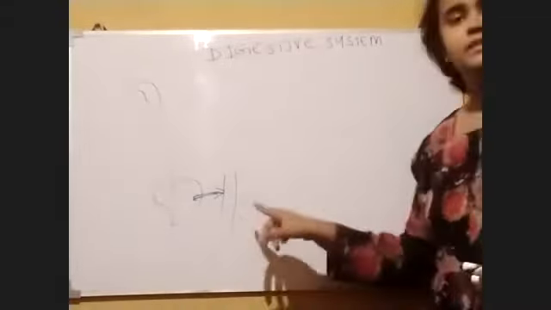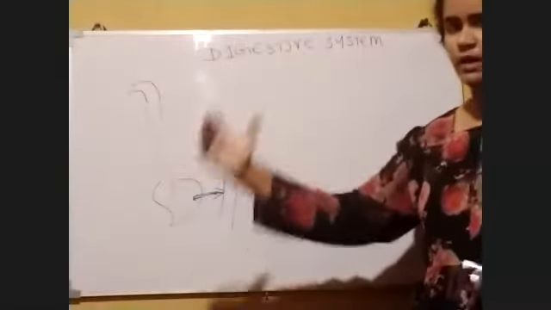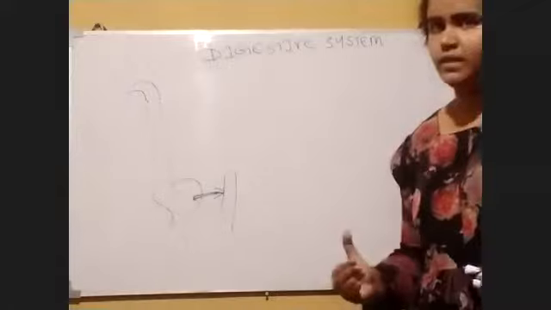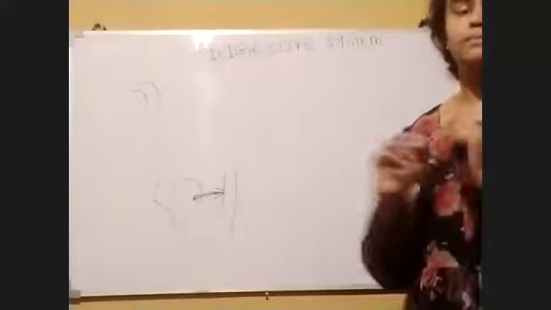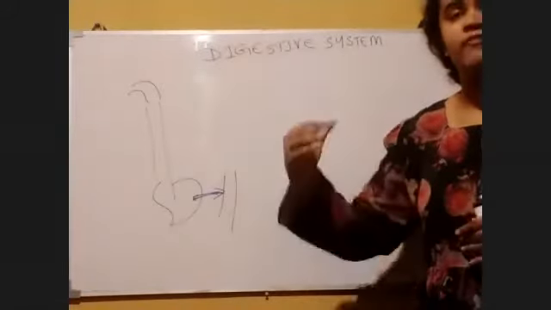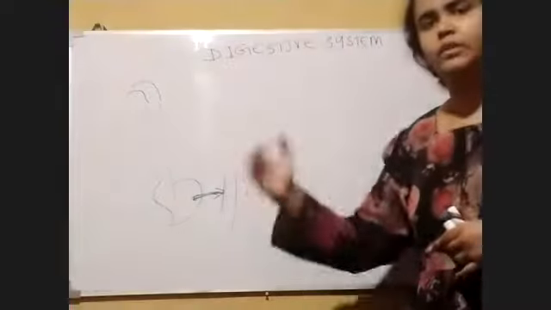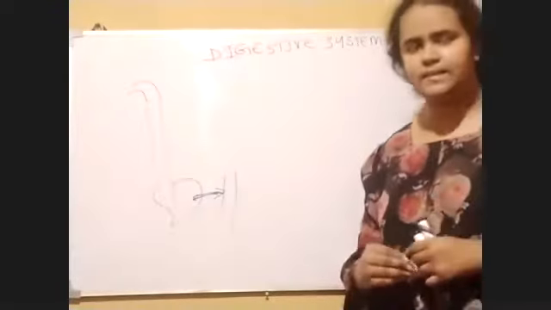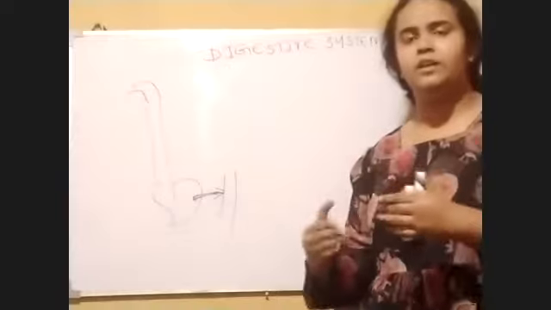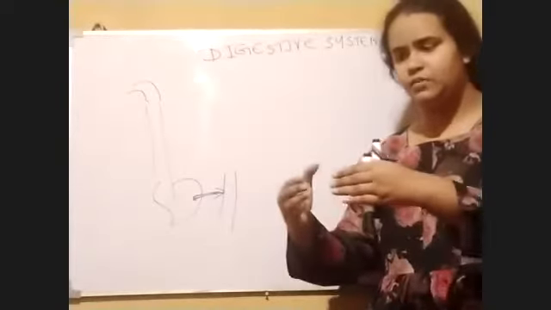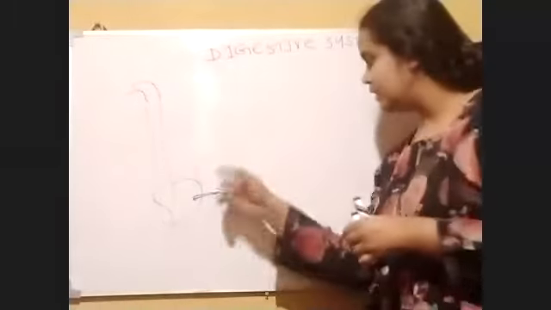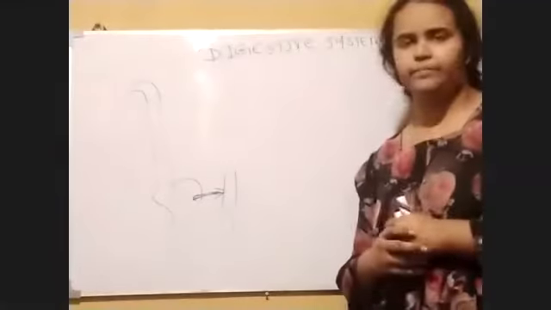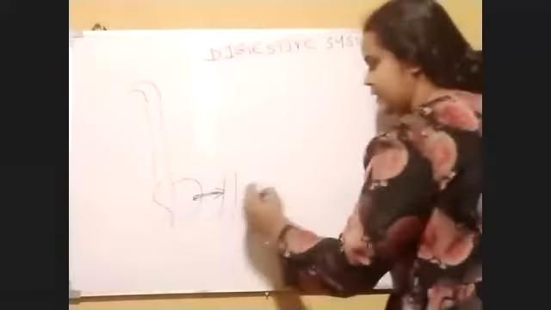But if we eat a piece of bread, it can't be absorbed through the capillary walls as itself. It has to be broken down into simple molecules. Why is that? Because blood capillary walls are very small, so the molecules should be very small in order to transfer into these blood capillaries.